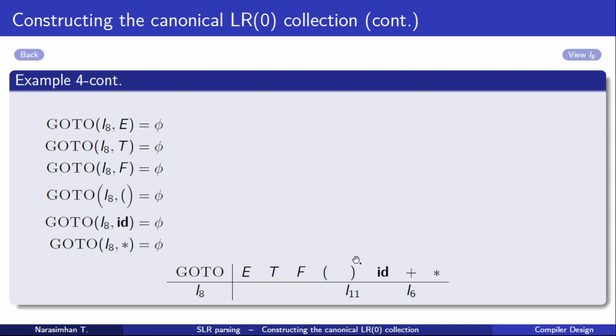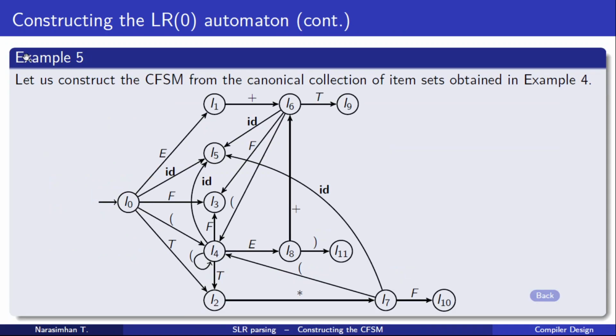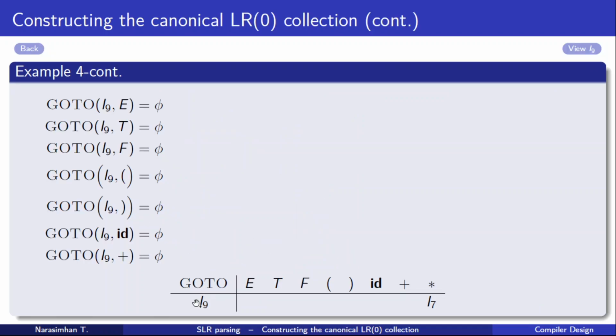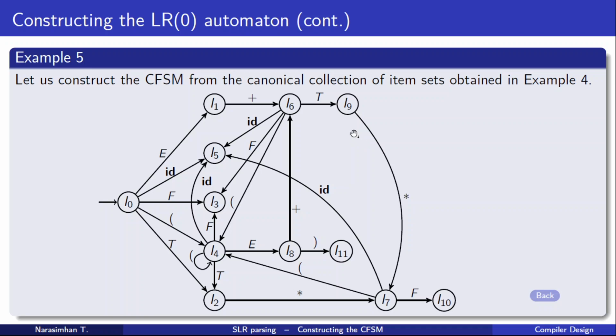I8 on plus you move to I6, on right parenthesis you move to I11. Now I9, we have only one transition. I9 on star moves to I7.